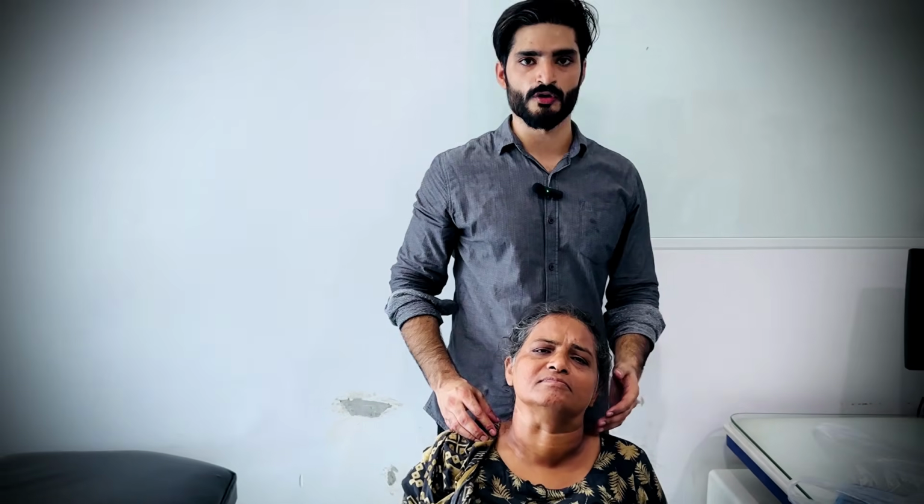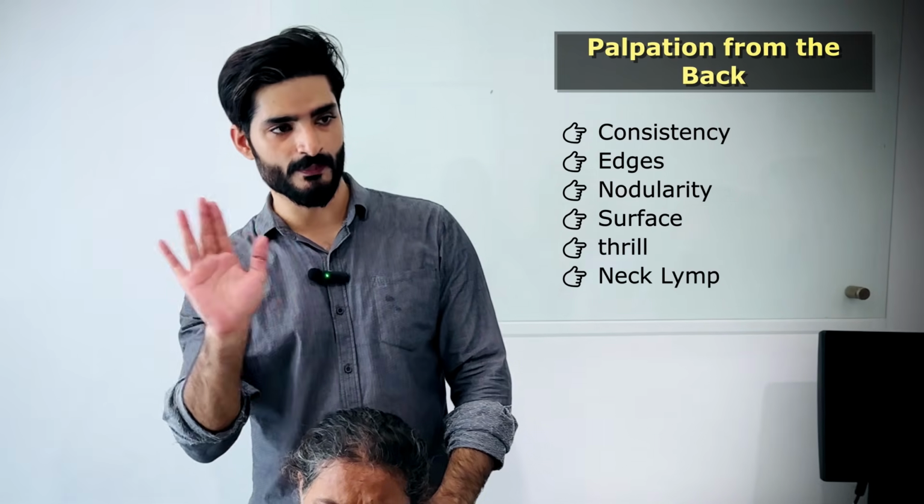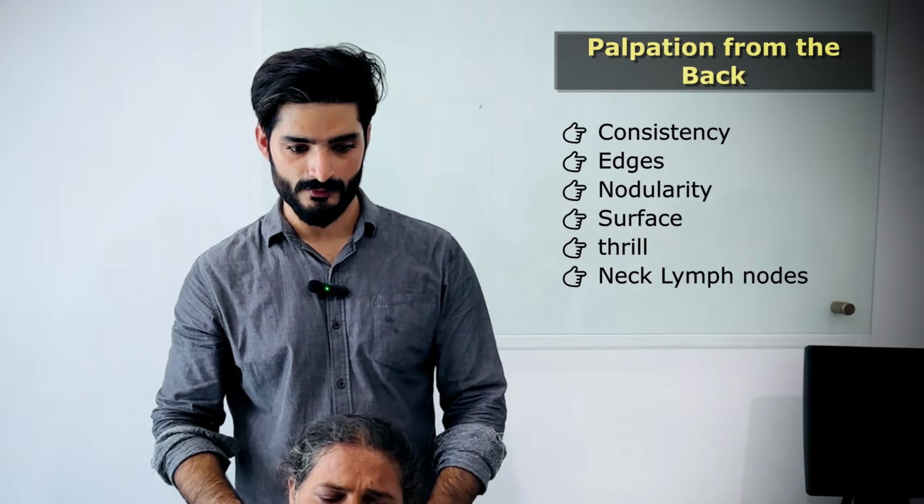Now palpation from behind. What is the purpose of doing palpation from behind? We palpate the gland in detail, its nodularity, its surface, its extent, and posterior surface. Fix one side with one hand and palpate the other side.